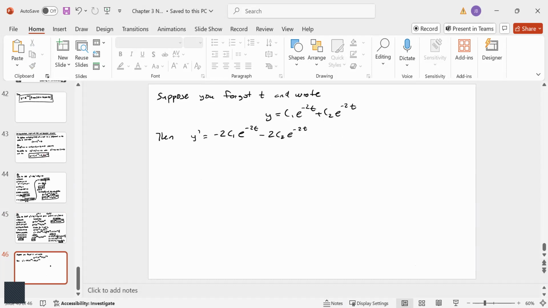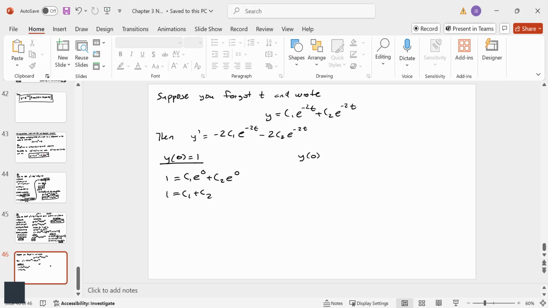And we see if we can solve for C1 and C2. So y of 0 equals 1. Sorry. 1 is equal to C1 e to the 0 plus C2 e to the 0, which means 1 equals C1 plus C2. So we have a relationship between C1 and C2.